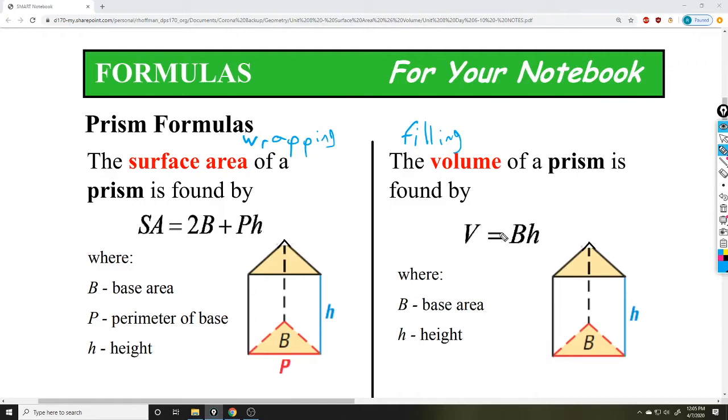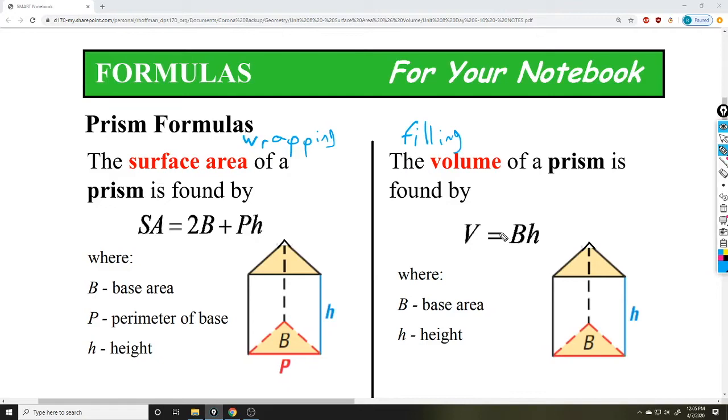Well, my analogies for you for surface area and volume are that surface area is wrapping and volume is filling. Surface area is I want to wrap around the outside of this shape.